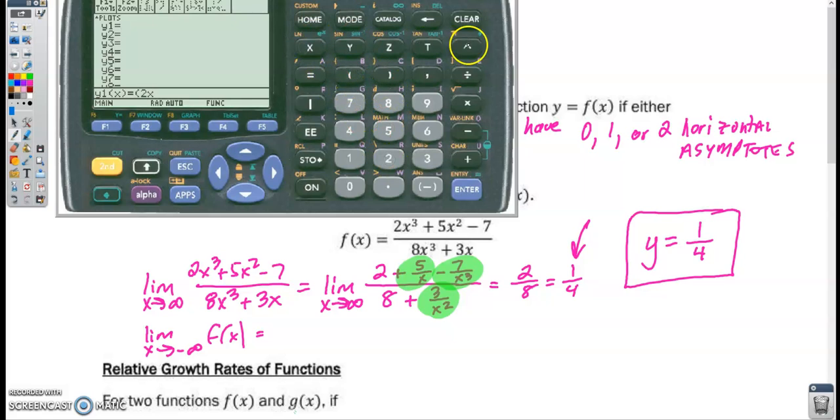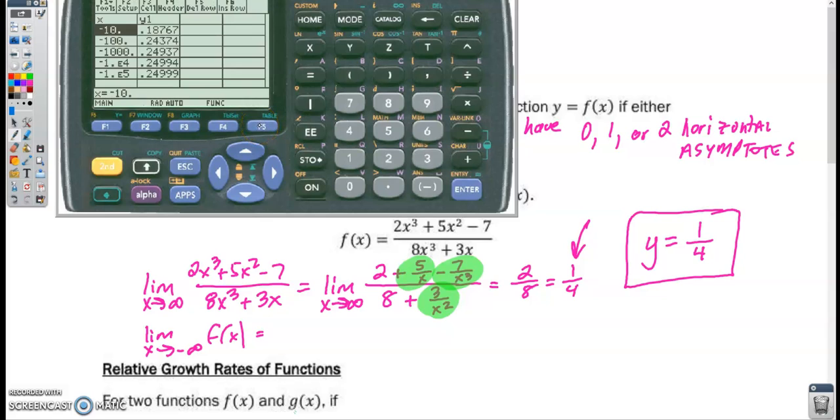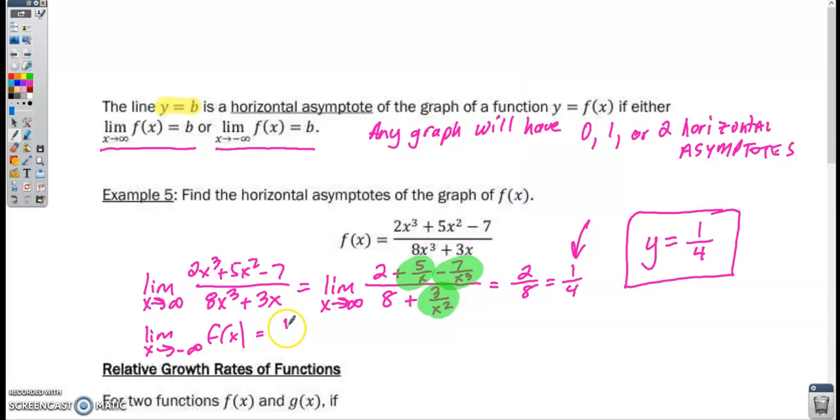So I'll type that function in, 2x cubed plus 5x squared minus 7 over 8x cubed plus 3x, and go to my table. Hey, and I already have values approaching negative infinity, and you see that those values, as x gets bigger and bigger, are getting closer and closer to 0.25. And so it's got the same limit, and hence this one only has 1 asymptote.